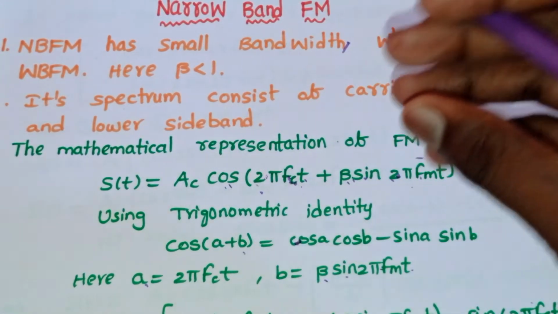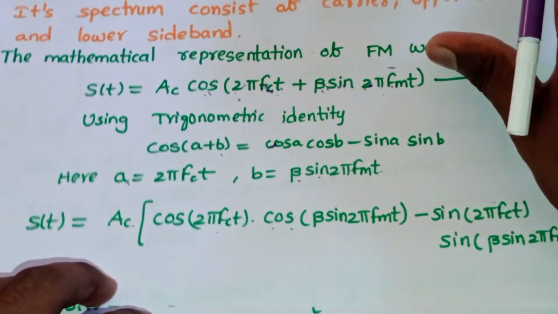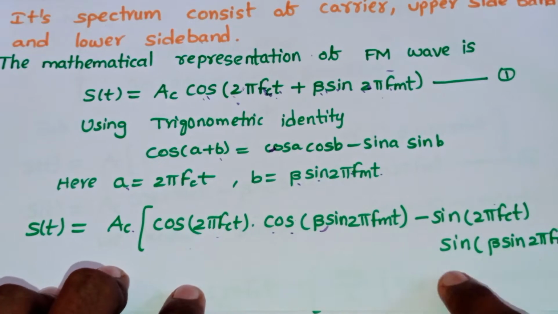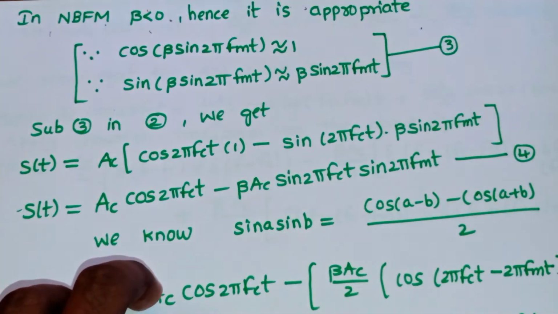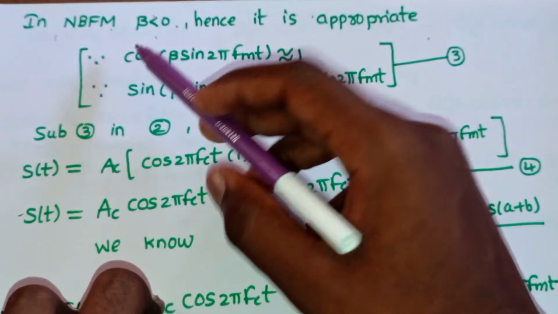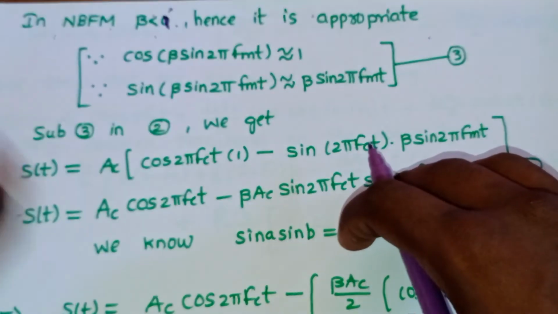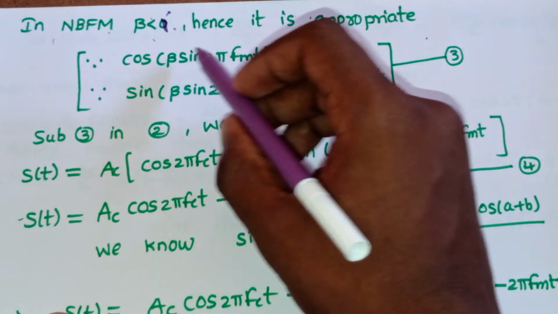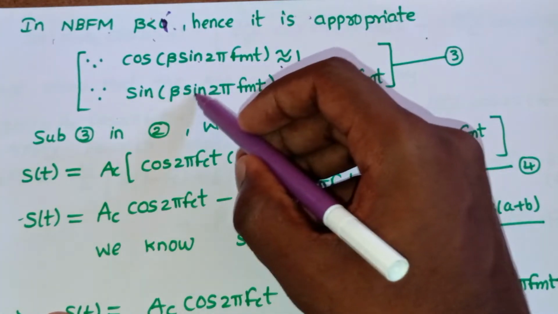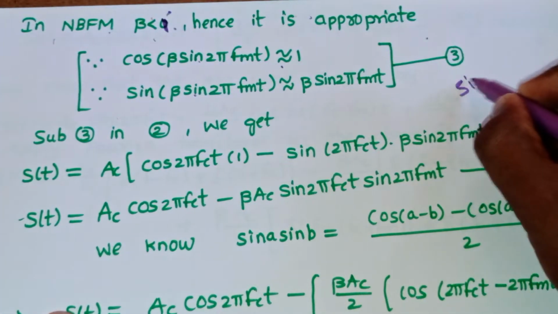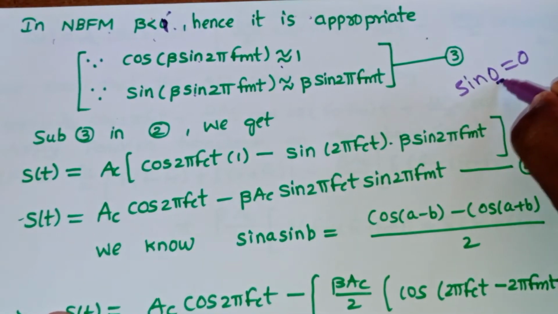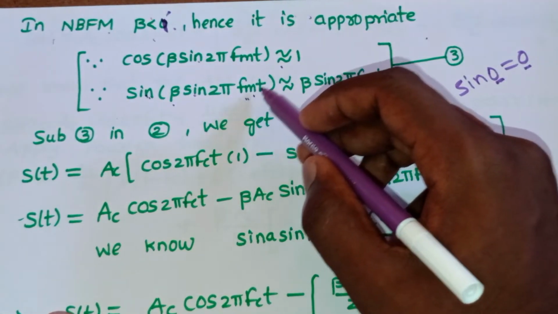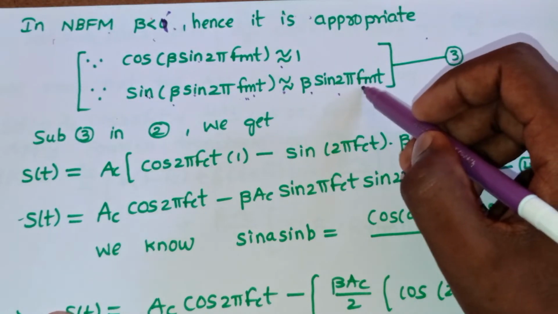Less than 1 is nothing but approximately equal to 0. When we put 0 as the beta value, cos 0 becomes 1 and sin 0 becomes 0. Using that property, since beta is approximately equal to 0, cos of beta sin 2 pi fm t is approximately 1, and sin of beta sin 2 pi fm t is approximately equal to beta sin 2 pi fm t, since sin theta is approximately theta.